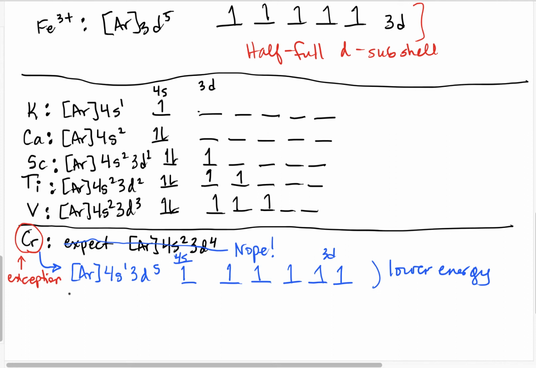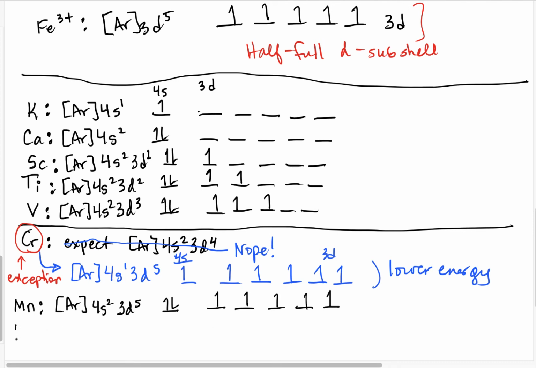But then we move on to manganese, and we're back to normal. Of course, manganese already has that half-full subshell of the 3d because now it has 7 electrons. So here's our paired up s, and then we have unpaired d orbitals. We're back to normal.